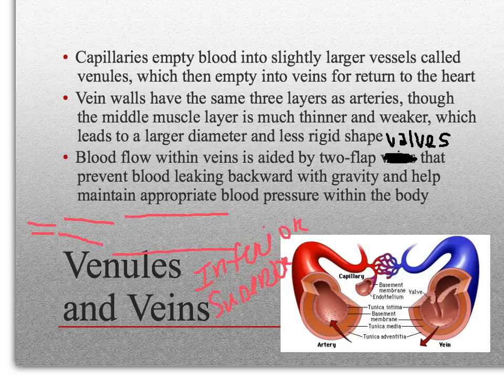You can see that it's really pretty thick here, but on the veins, that same layer, I'll highlight it and then erase it for you, that same layer is much, much, much thinner. That's because veins have much less blood pressure, and so they don't need to be as elastic because there's not as much pressure forcing the walls out and then rebounding them back in.